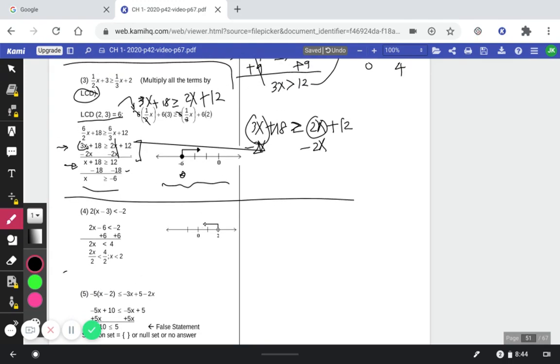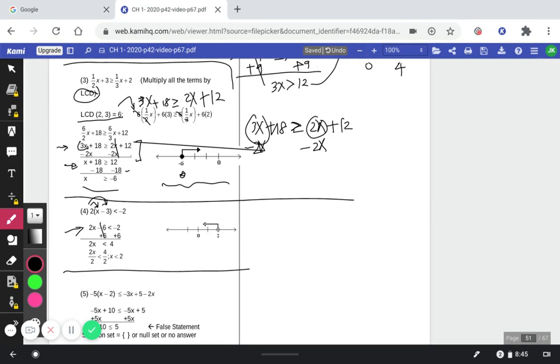Now, next one, what if you have parentheses? Well, same thing as an equation. When you have a parenthesis and inside the parenthesis you have plus and minus, then you distribute them. So 2 times x is 2x, minus 2 times 3 is 6, is less than or equal to negative 2. So you get this inequality. Solve this inequality, plus 6 on both sides to get rid of negative 6.